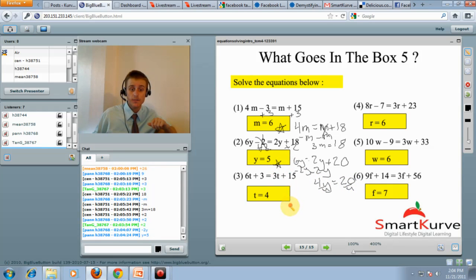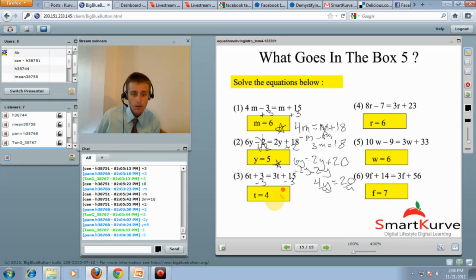Y equals 5. Perfect. In number 3, what is the first thing we do? Perfect. Subtract 3. This gives us 6t equals 3t plus 12.